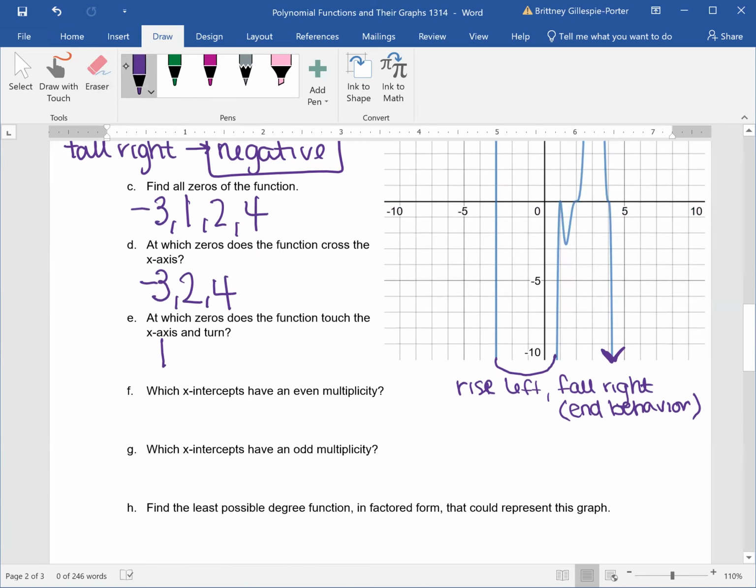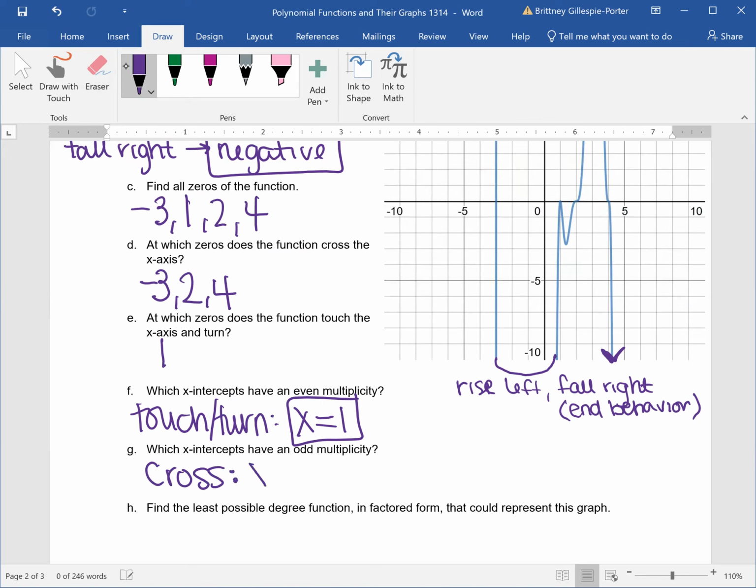At what x-intercepts do we have an even multiplicity and which one do we have an odd? Remember, even multiplicity is touch and turn, which means that x equal to 1 has even multiplicity. X-intercepts with an odd multiplicity are where we cross, which means that we have x equal to -3, x equal to 2, x equal to 4.